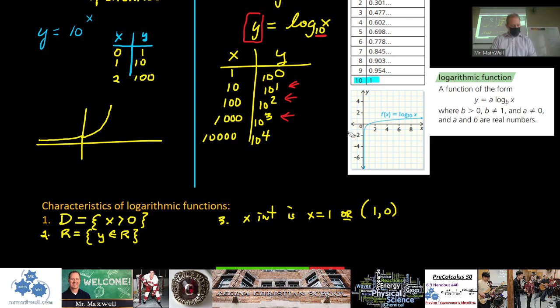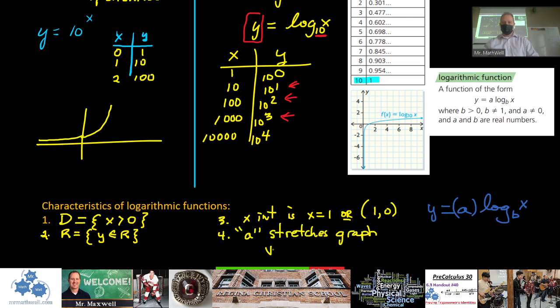Okay, and of course, if we have y equals a log of x base b, this a value does the same thing as in exponential functions. It stretches it vertically. So for a fourth characteristic, the a value stretches the graph vertically.